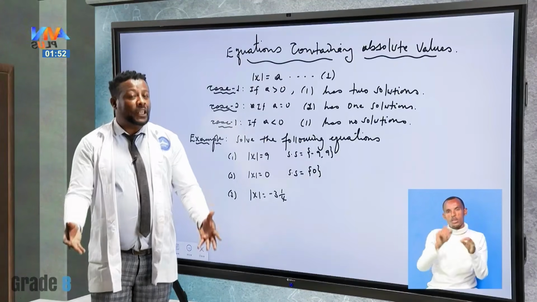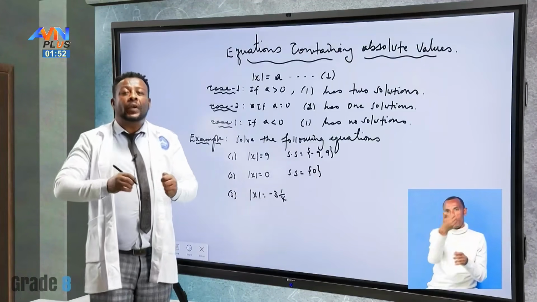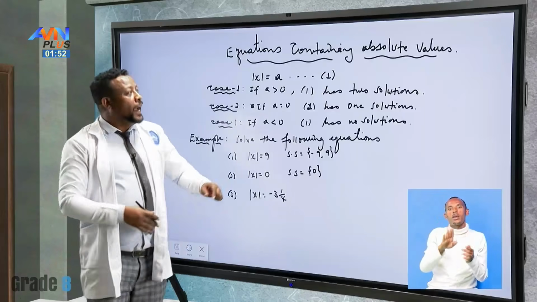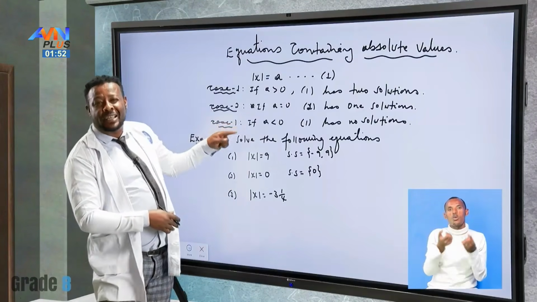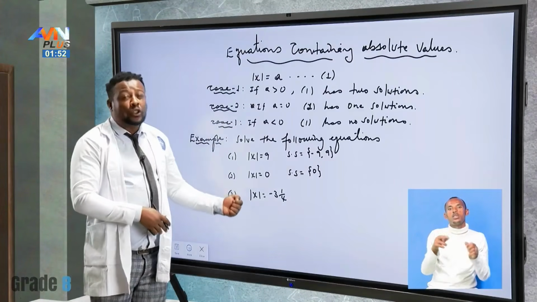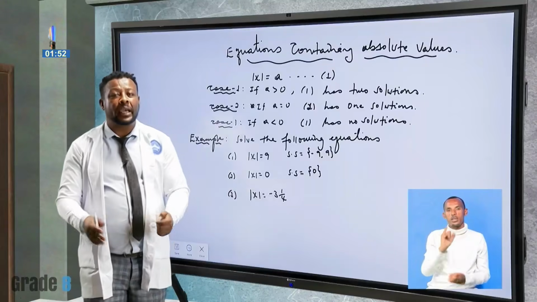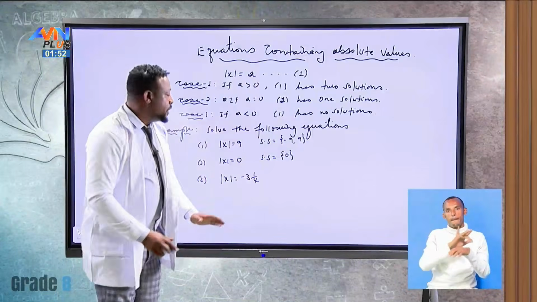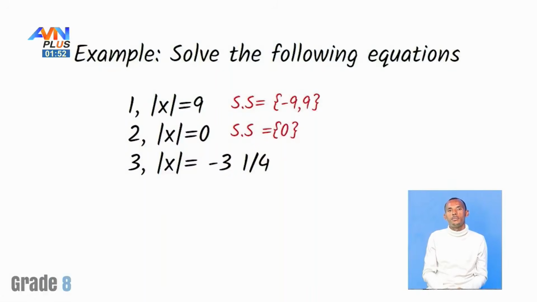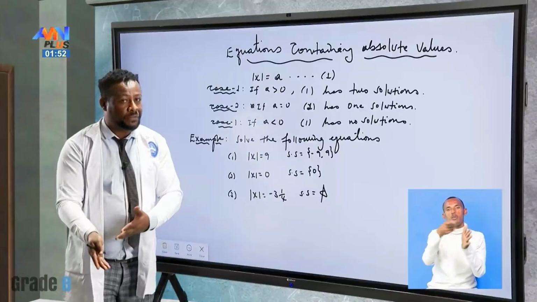Based on the definition, the absolute value of anything cannot be negative. So the solution set for the C part is the empty set. There is no x value whose absolute value becomes negative, right?